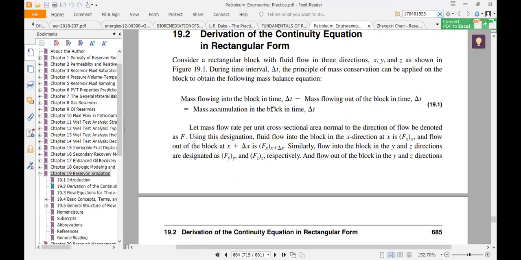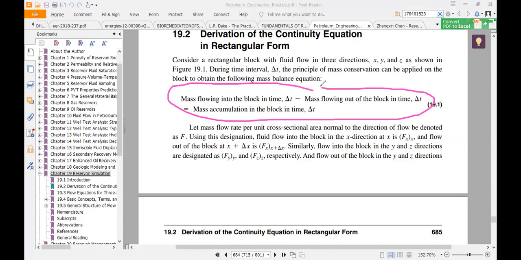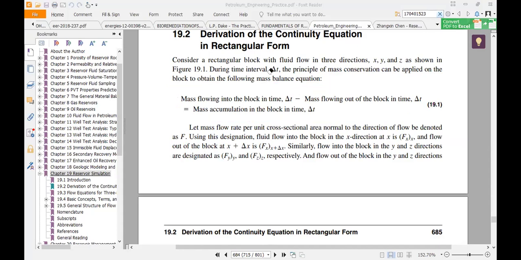During a time interval, the principle of mass conservation can be applied on the block shown in figure 19.1 to obtain the following mass balance. This is the same way we went about it in the well test class when we wanted to derive the diffusivity equation. So I wouldn't spend a lot of time here.